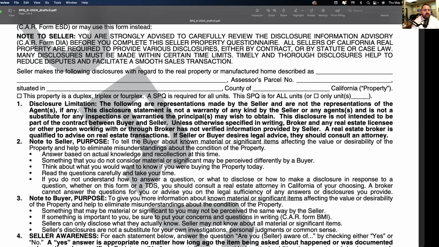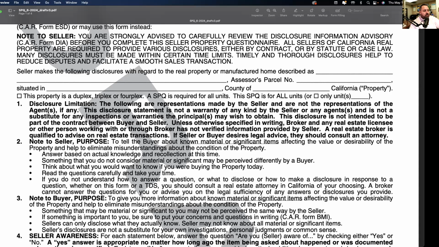This disclosure is not intended to be part of a contract between buyer and seller unless otherwise specified in writing. Broker and any real estate licensee or other person working with or through broker has not verified information provided by seller. A real estate broker is not qualified to advise on real estate transactions. If seller or buyer desire legal advice, they should consult an attorney.